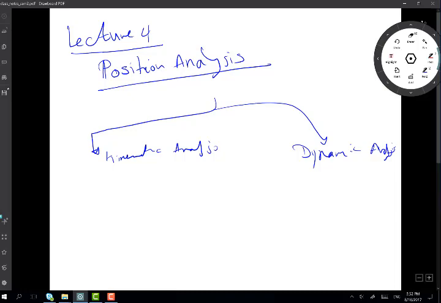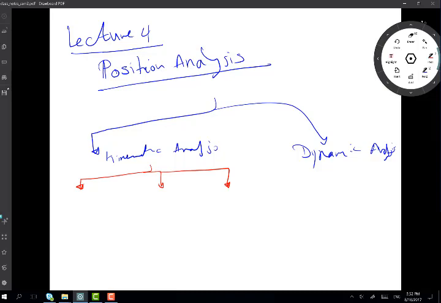We spoke about degrees of freedom before, and one of the definitions of degrees of freedom is the number of parameters you need to define the locations of different points and links in a linkage.